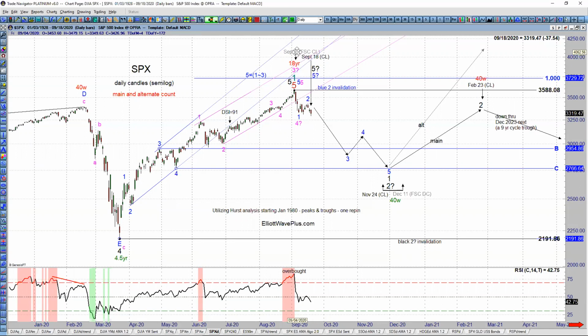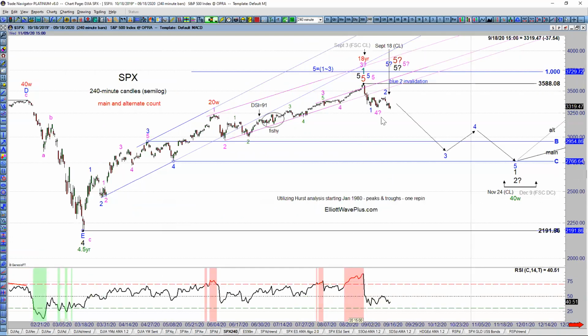And the FTSE cycle program has a little less detail in the composite line. It's smoother, and it's bearish from September 3 down through December 11. So there's the bearish roadmap.